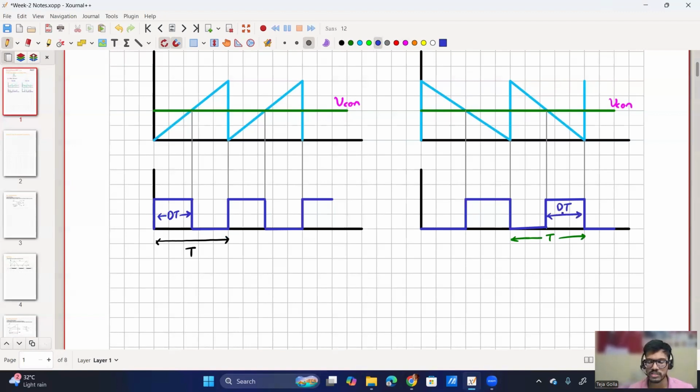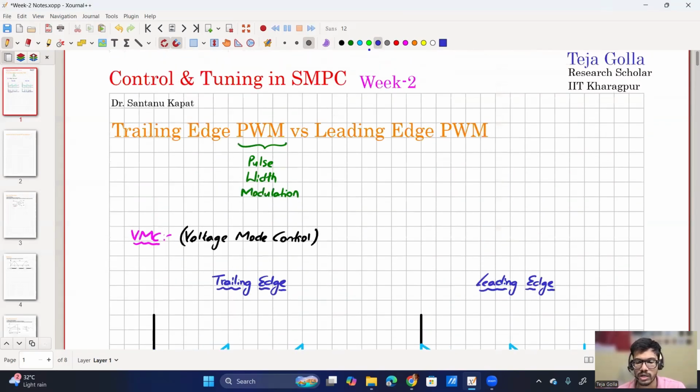That's why it is called fixed frequency, because frequency is always fixed and we are changing the width of the pulse, which is the duty ratio. So that's why it is called pulse width modulation, because the width of the pulse is being modulated and the time period is fixed.